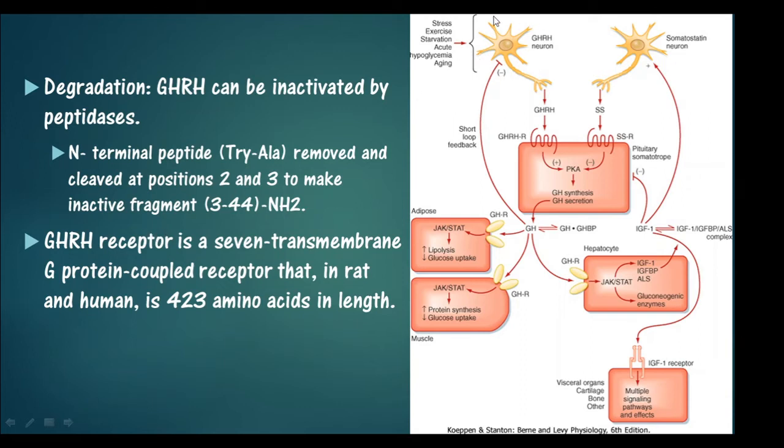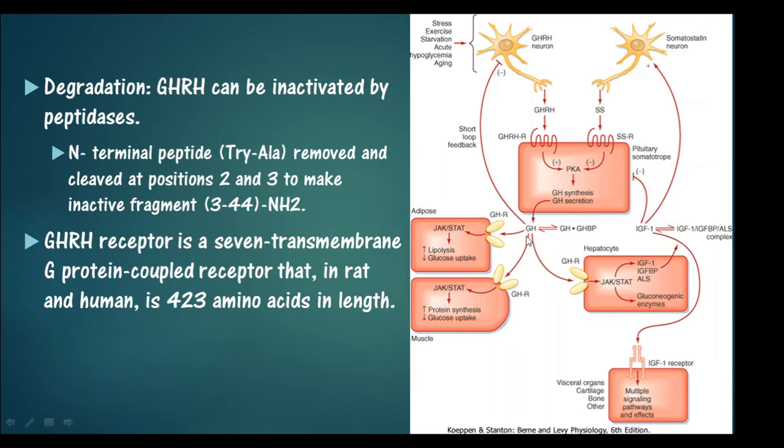See, this is a neuron which produces growth hormone releasing hormone, and this is a somatostatin neuron. The neuron releases GHRH due to stimulation like stress, exercise, starvation, acute hypoglycemia, and aging. So the GHRH which is released binds to the GHRH receptor, which activates the protein kinase A pathway, and the protein kinase A pathway leads to growth hormone synthesis and secretion.